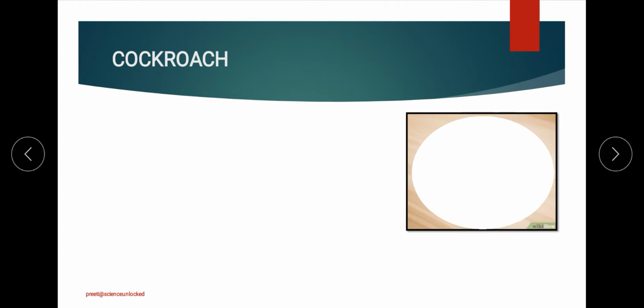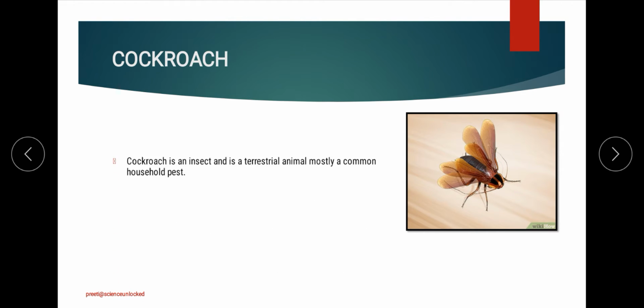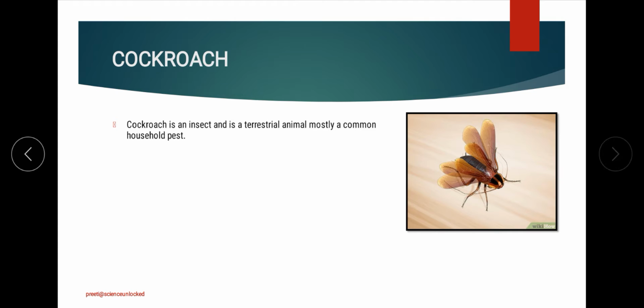The next organism is the cockroach. Cockroaches show multiple movements: they can walk, they can climb to higher surfaces, and they can fly as well.